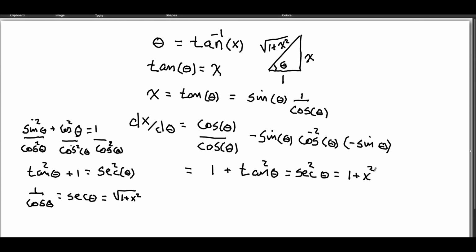Now, if we take d theta dx, we have d theta dx equals d dx of arctan of x, and that's equal to 1 over 1 plus x squared.